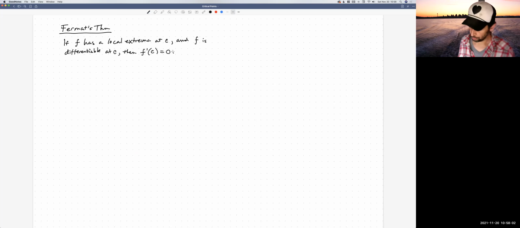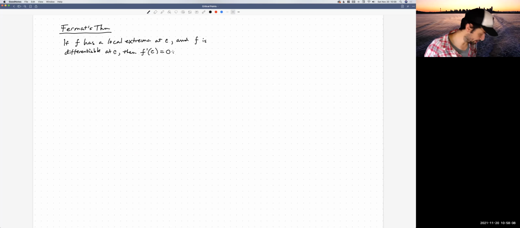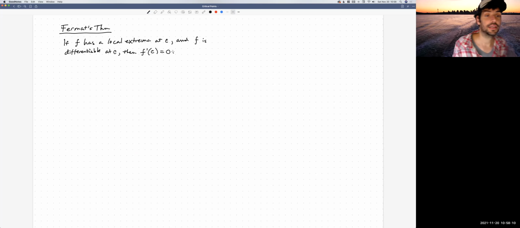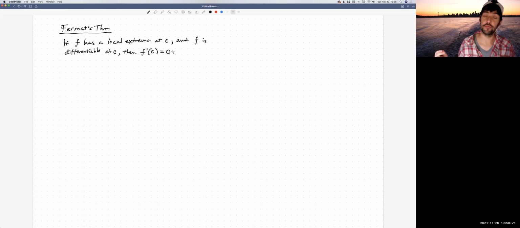So this theorem, which we'll prove in just a second and it's fairly straightforward to prove, tells us that if we have an extrema and it's differentiable, then the derivative must exist and it must be 0. So that tells us that the derivative must be 0 if it exists. It doesn't tell us that it has to exist.